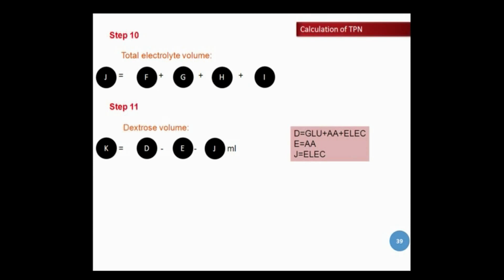So we have now got the total electrolyte volume. The total electrolyte volume is the sum total of the amount you require for 3% NaCl, potassium chloride, calcium gluconate and 50% magnesium sulfate.